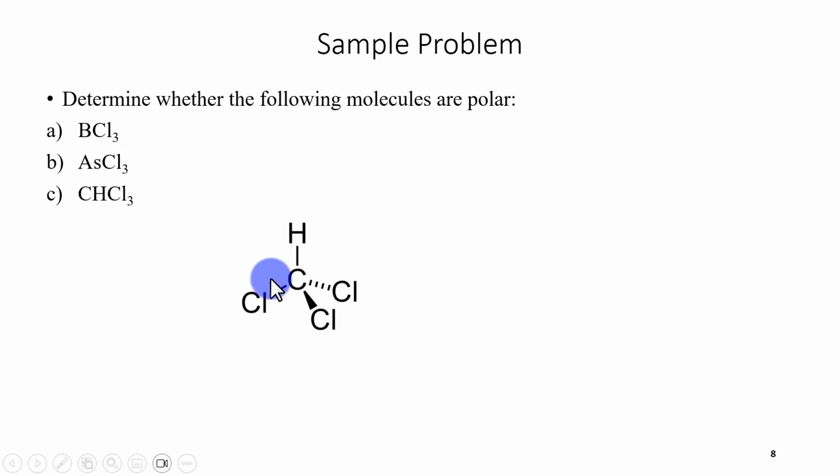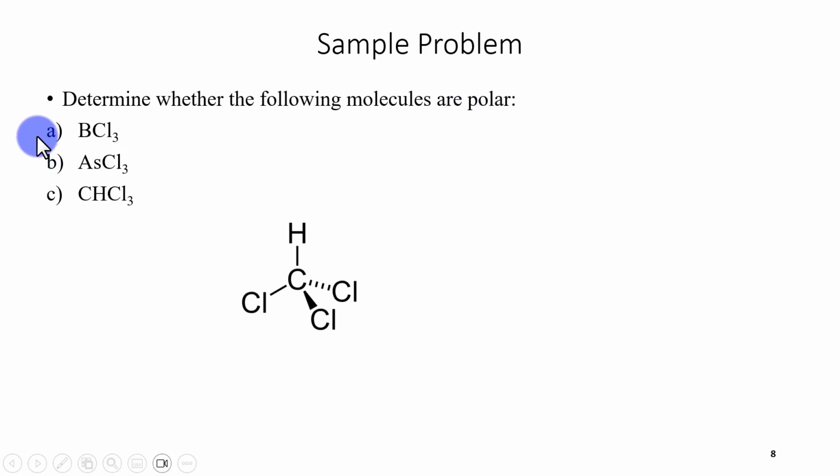This hydrogen atom is different than the other 3, which makes the bond polarity between the carbon and the hydrogen different than the bond polarity between the carbon and these chlorines. Because of this, if I do the dipole vector addition, the sum of all of these dipoles is going to be different. And therefore, this molecule is actually polar.